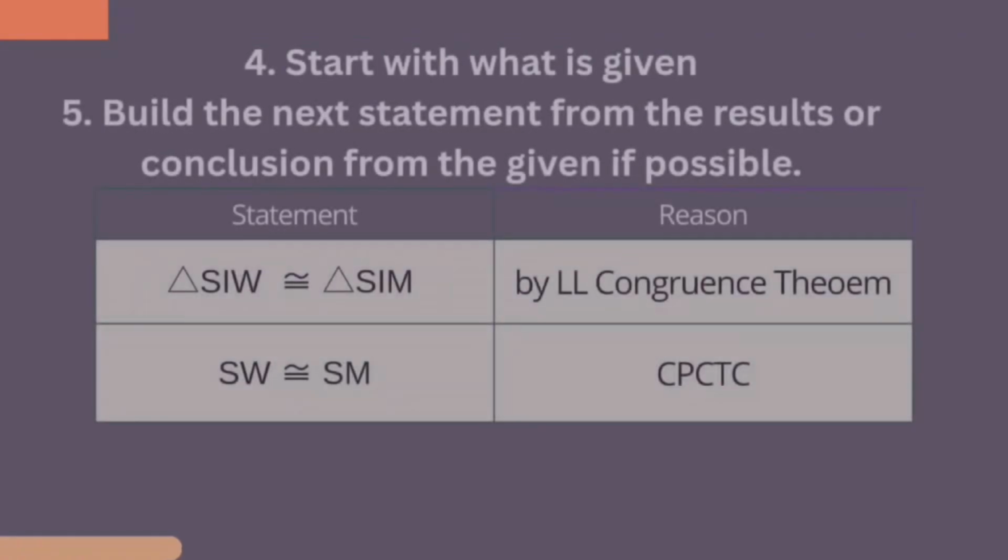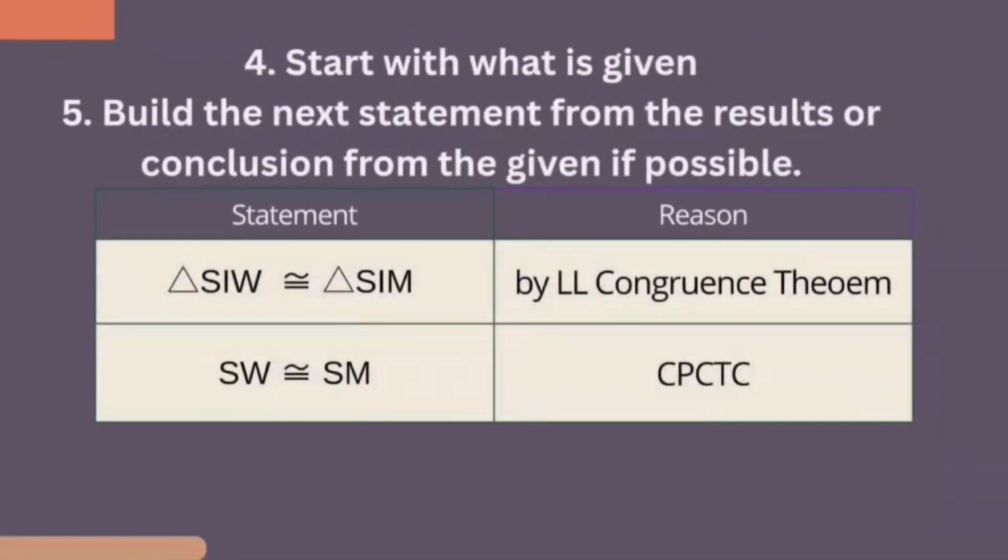Next, build the next statement from the results or conclusion from the given, if possible. In the proof, we start with what is given in the problem, the initial conditions or facts we know to be true. Then, we build the next statement based on these given facts using definitions, properties, postulates, or theorems.